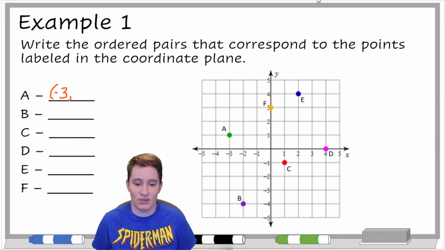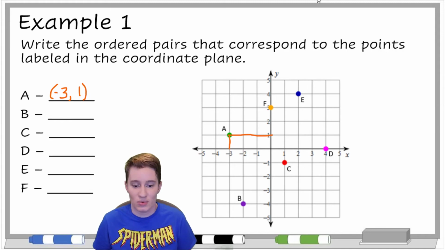Y is up and down. This is up 1 from the origin, right? I'd have to go up 1 to get here. We're essentially following this back down along these grid lines and following it right to see what number these are at. Okay, so it's a y coordinate of 1. So this ordered pair is -3, comma 1. That's what point A is.